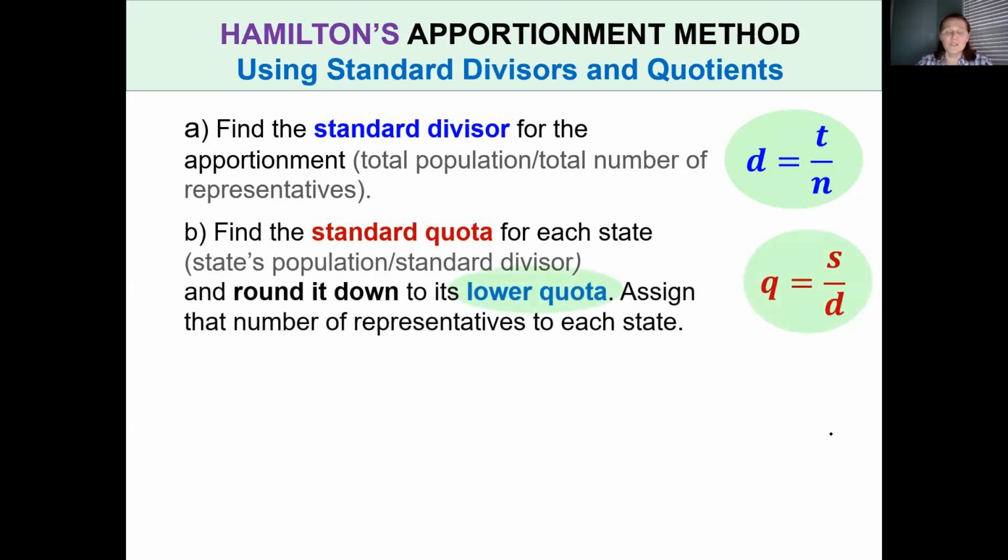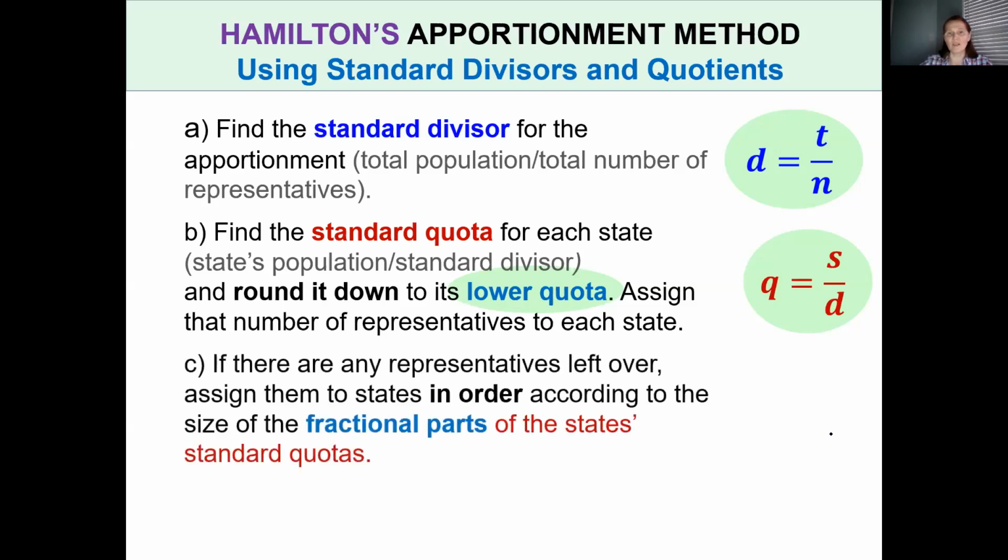Then, according to the Hamilton method, we apportion the whole part of the standard quota, which is the lower quota. And then we apportion the extra representatives depending on the fractional part of each state's standard quota. We look at the fractional part and decide who deserves an extra.